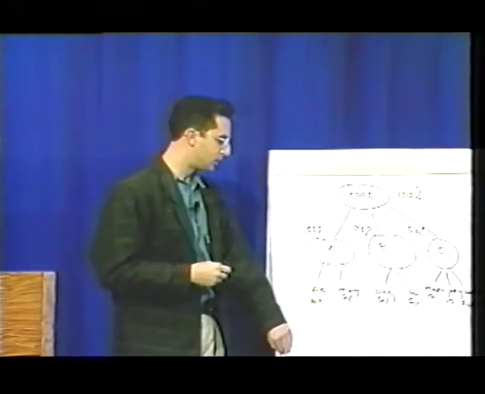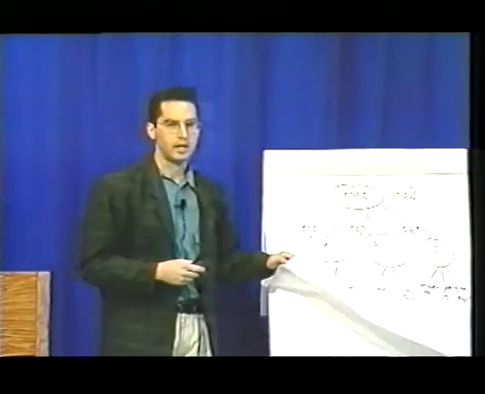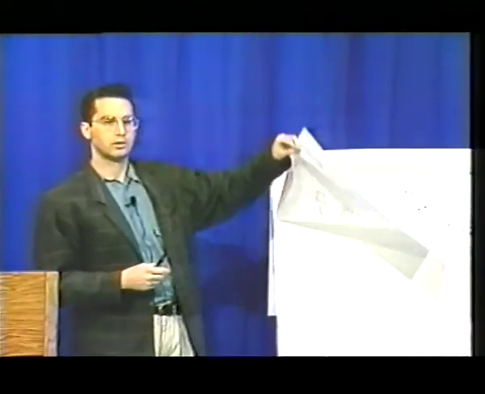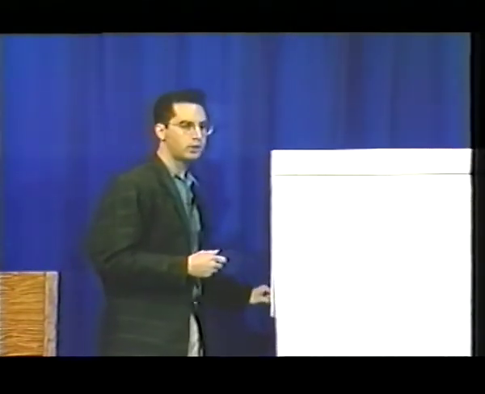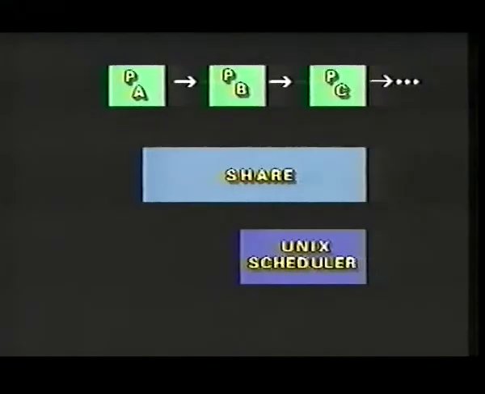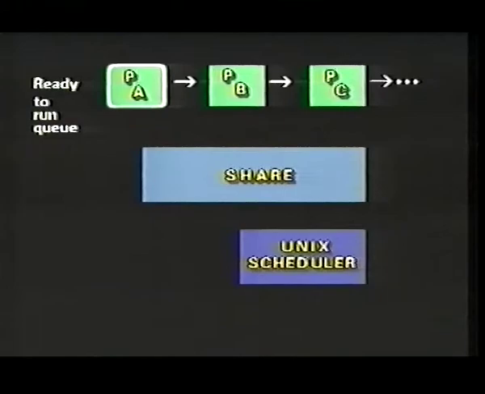Before we do that, maybe we should spend just a minute and look at how share works so that you get a bigger picture view. Really, all that share does is, if this is the process run queue, the ready-to-run queue, and you have all these processes that are ready to go, process A, and process B, and process C, and on and on.